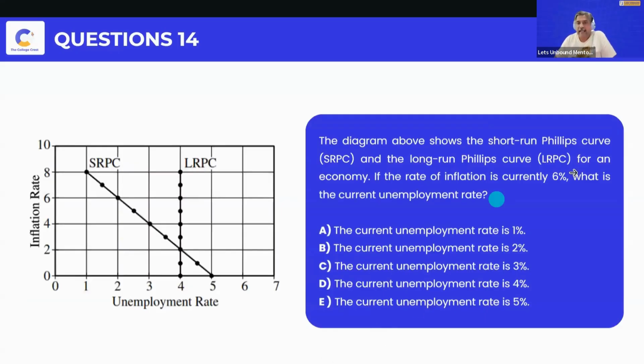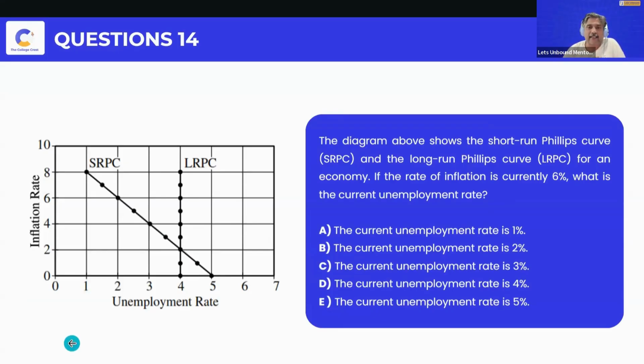Okay. The diagram shows the short run Phillips curve and the long run Phillips curve. For an economy, if the rate of inflation is currently 6%, what is the current unemployment rate? At 6%, the point on the graph that we are looking at is the point of intersection of the SRPC and the LRPC.